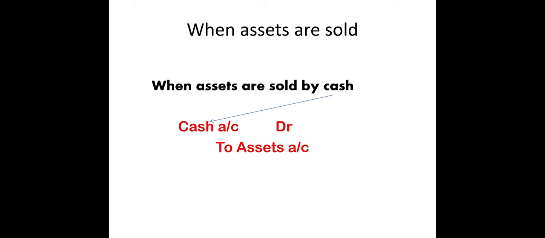Okay, but sometimes we sell assets by check. Then instead of cash, we have to write bank. So when assets are sold by check, the bank balance will increase. So bank account will be debited and assets goes out, so assets account will be credited. And if we sell assets to someone on credit, then on the debit side, we have to write the name of that person.